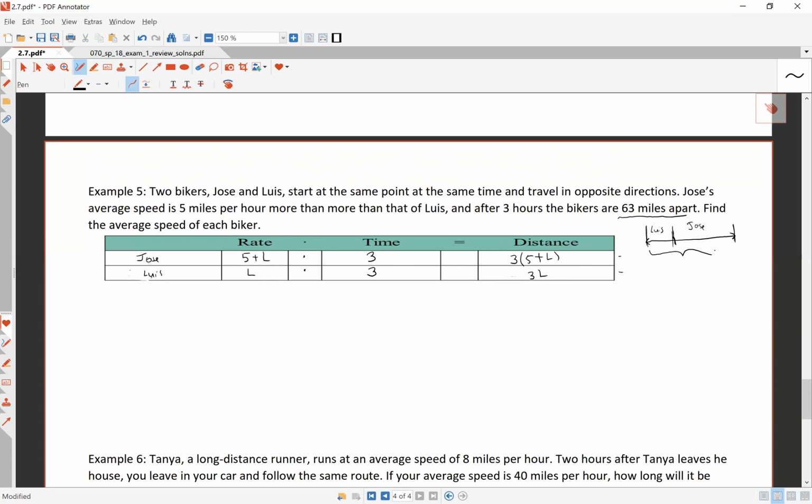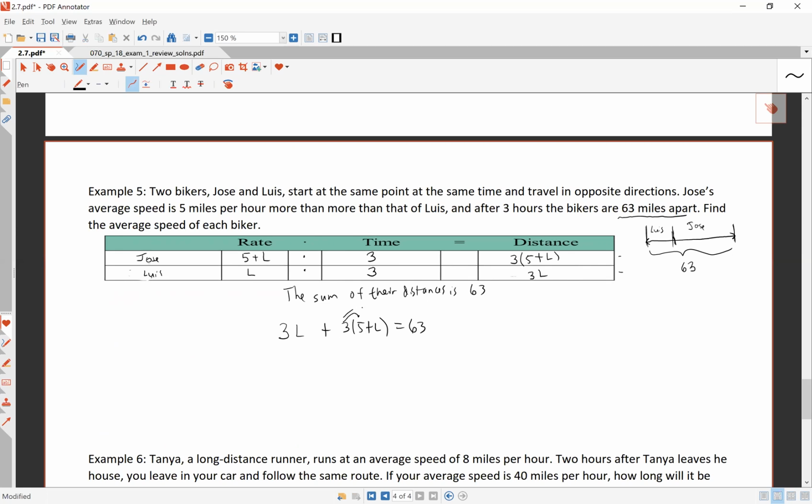So the sum of their distances is 63. So we add them up: 3L plus 3 times 5 plus L equals 63. And there's our equation to solve for the speed of Luis.